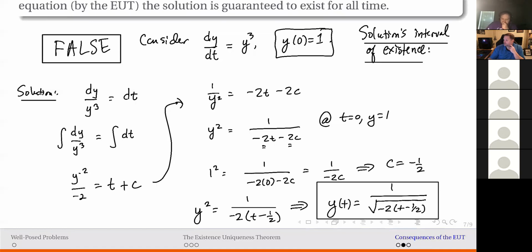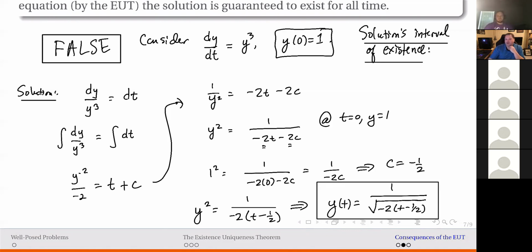I mean, it clearly doesn't exist if t is 1/2, right? Because I'd be dividing by 0. And if t is bigger than 1/2, you see you get a negative under the root. Like say t is 1, right?